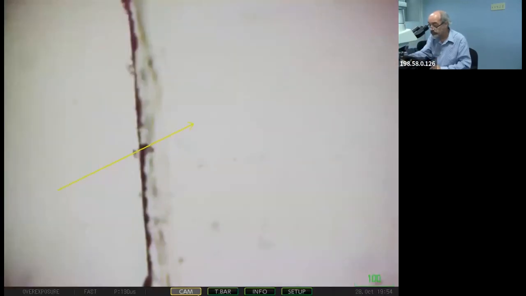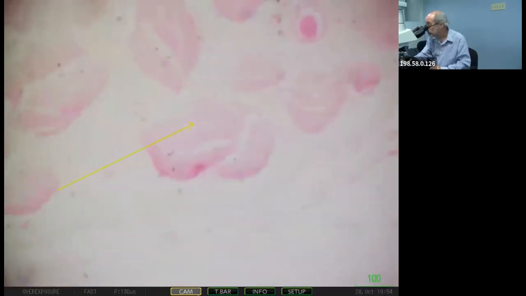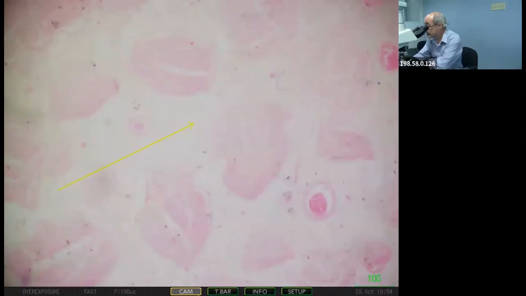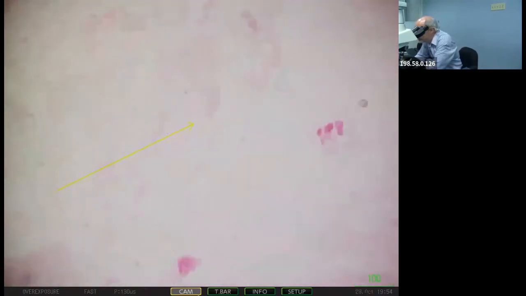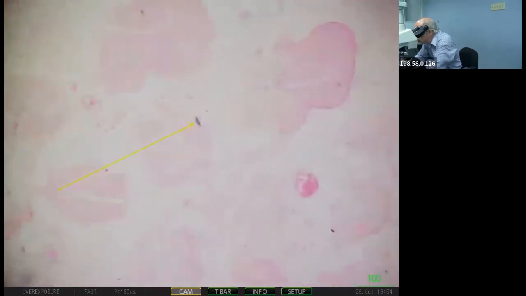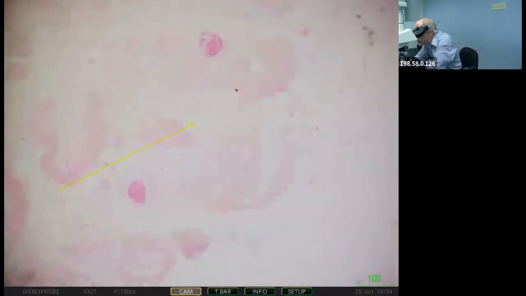Okay, so now, more quickly, peripheral nerve. Remember, it is a section of the sciatic nerve. It is a bit pale at this magnification.